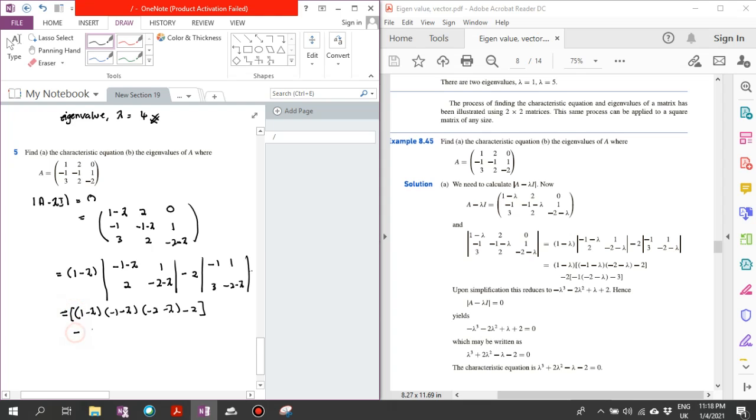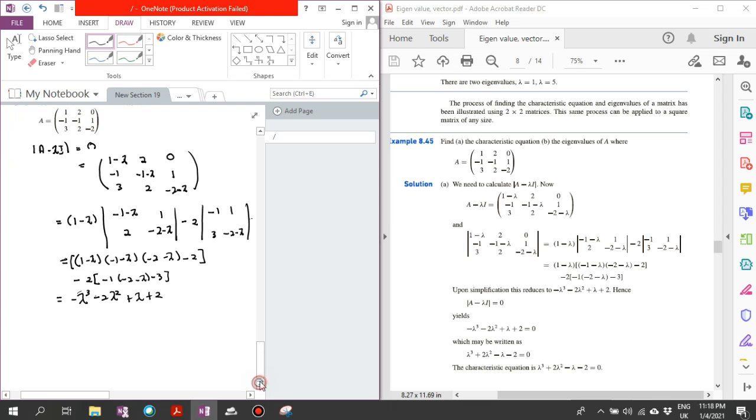Okay, minus 2, negative 1, negative 2 minus lambda, negative 3. So at the end, when you simplify this one, you will get negative lambda to the power of 3 minus 2 lambda to the power of 2 plus lambda plus 2.